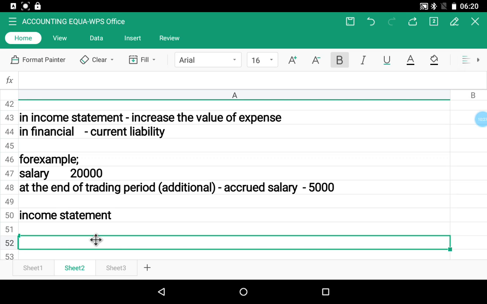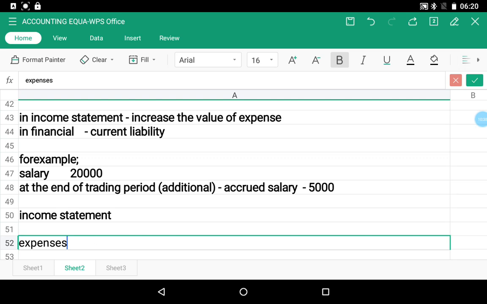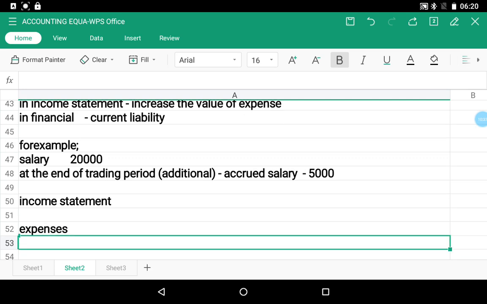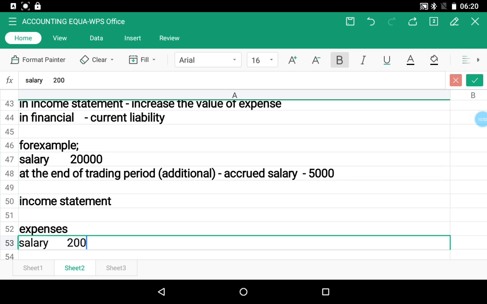Okay, we have got gross profit. Now we are going to expenses. So under expenses, we are going to have our salary, which is 20,000.